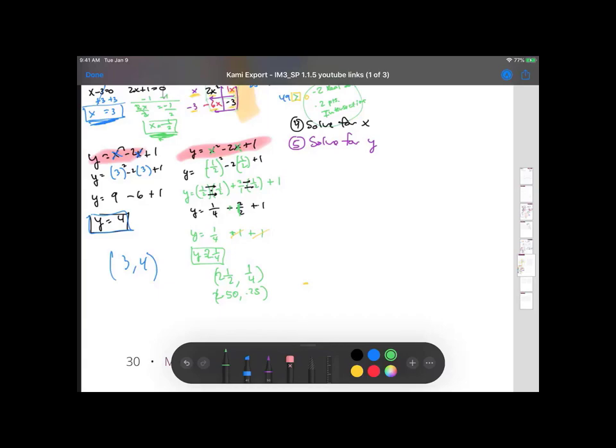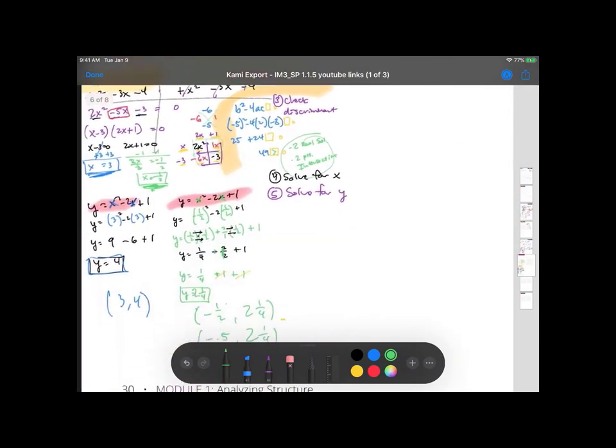Negative 1/2 is negative 0.5, and 2 1/4 is 2.25.